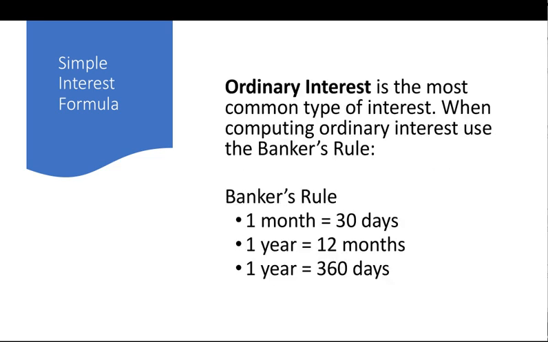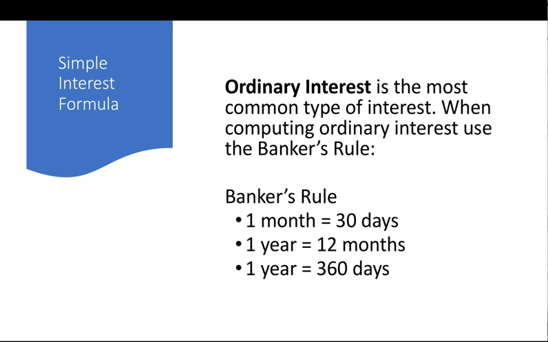Most of the problems we're going to do have to do with ordinary interest. So when we're talking about ordinary interest, we use what's called the banker's rule. And the banker's rule states that we're going to standardize the length of time that a month and a year are. So for example, 1 month is going to be equal to 30 days.